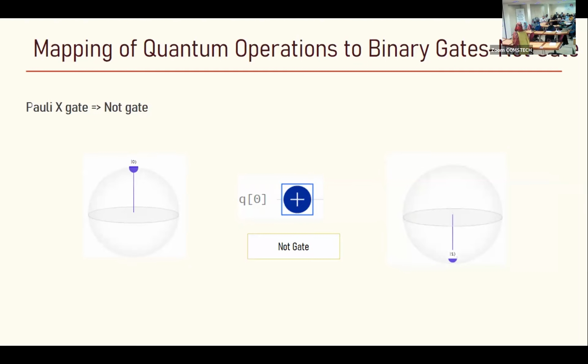So write it down on your papers that the quantum analog to NOT gate is X gate. Everyone with me? I'm glad you're writing today. You were not writing yesterday.